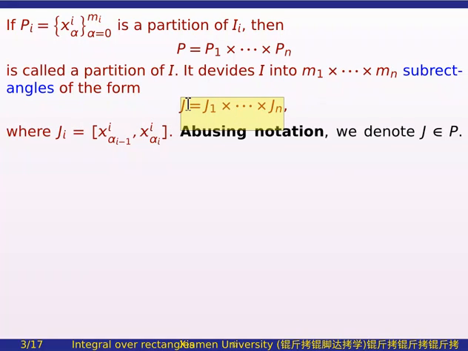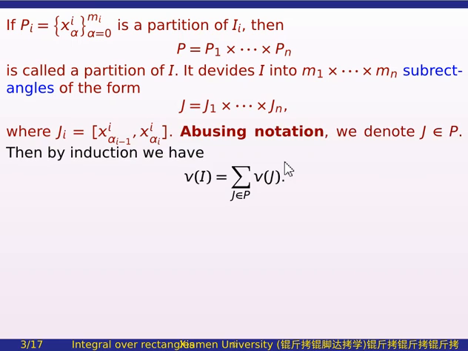Therefore, we can identify the sub-rectangle J with an element of P. This is some abuse of notation. This will give some convenience for our later notation. Otherwise, the notation will be much more complicated.